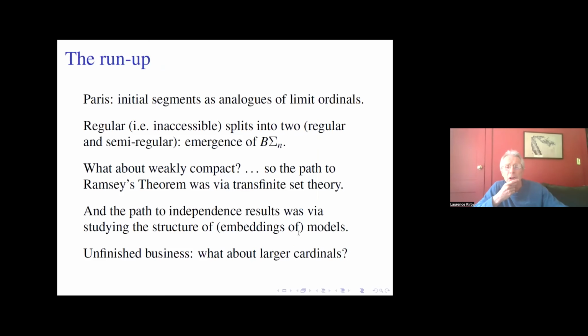But so before going to the even more ancient history, I'll just mention the run up to the Paris-Harrington, which I think really started with Paris's insight that initial segments of models of PA can be looked at as analogues of limit ordinals in set theory. And he noticed that if you try to look at inaccessible ordinals in this way, which means regular limits, then it splits in our context into two, regular and semi-regular.